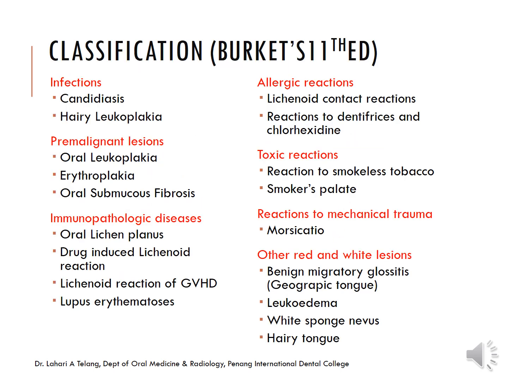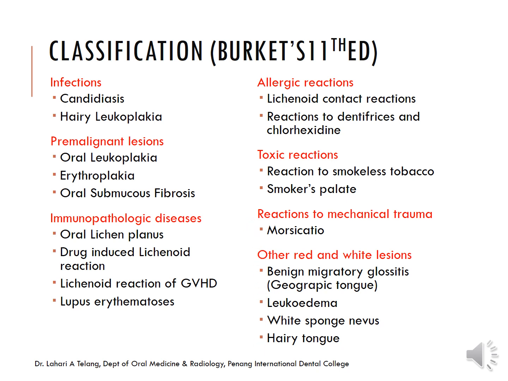So moving on, this is the classification I've taken from Burkitt's 11th and 12th edition book, which classifies red and white lesions based on etiology. They classified them as infections, pre-malignant or potentially malignant disorders, immunopathologic diseases, allergic reactions, toxic reactions, reactions to mechanical trauma, and other lesions which don't fall into any of the other categories.